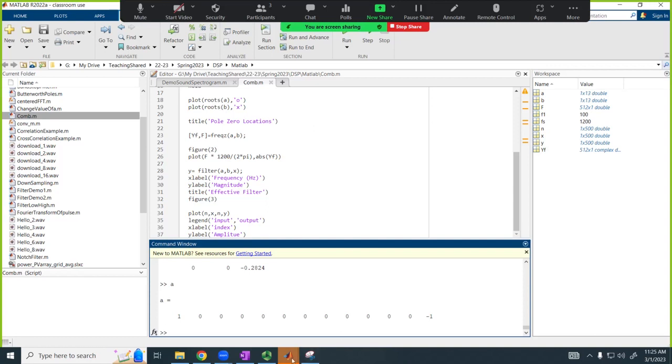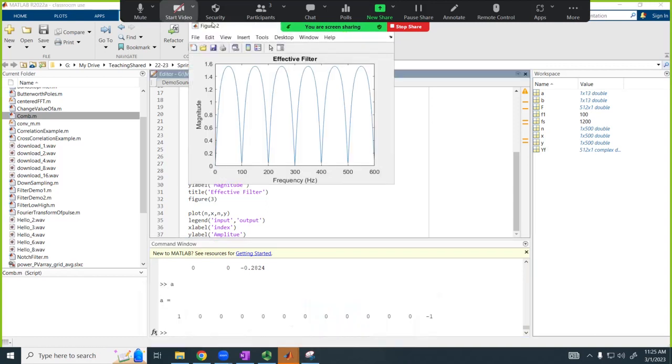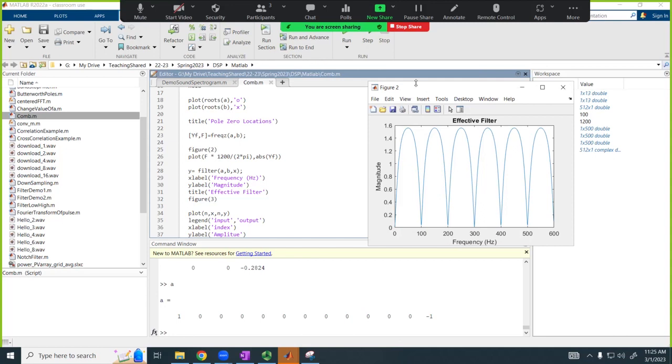So if I look at my frequency response that is generated, I have the frequency here in hertz. So what is this 1200? The sampling frequency. So I multiply it by the sampling frequency over 2 pi, and it will give me the frequency. Otherwise, it gives me normalized frequency. So in order to unnormalize it, I multiply by the sampling frequency over 2 pi.